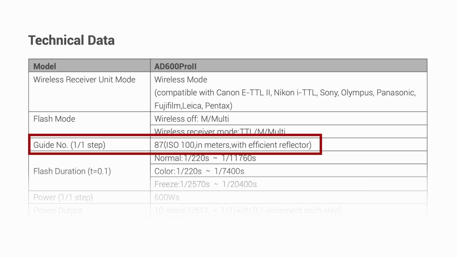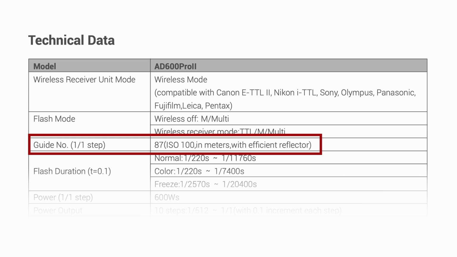Will ISO have an impact here? Yes, absolutely. ISO has an impact. While reporting the guide number, brands specify at what ISO they did the measurement. So Godox generally says 100 M. This 100 represents that the measurement was made at an ISO of 100, and when you are shooting, you should also consider using an ISO of 100. And M represents that distance should be measured in meters.